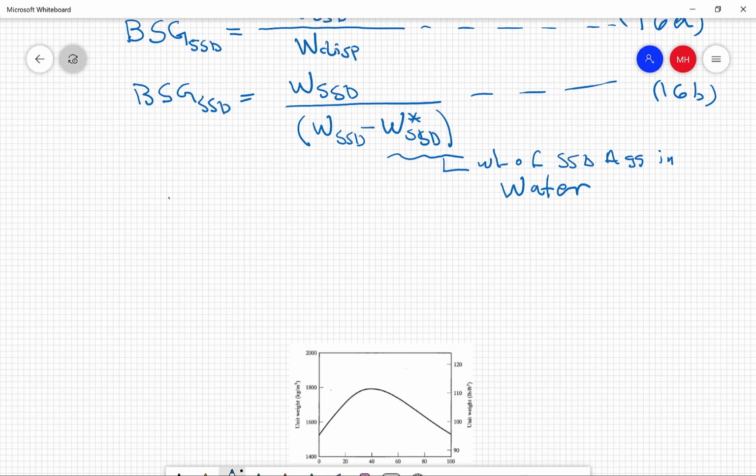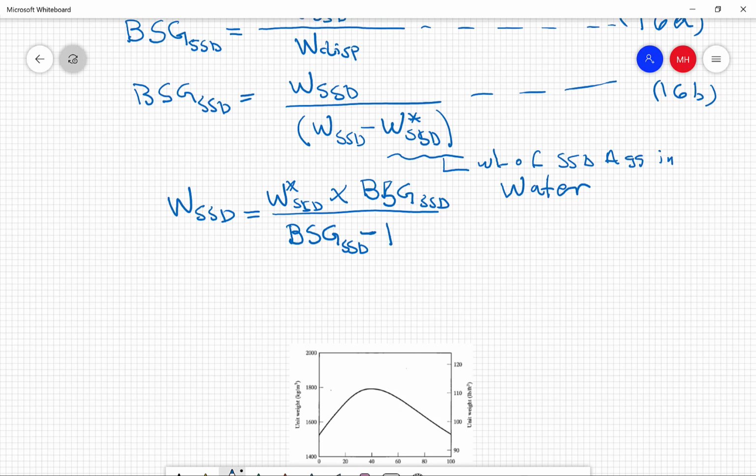We will have the weight SSD equals the weight of SSD aggregate in water, times the bulk specific gravity, again SSD, divided by the bulk specific gravity, again SSD, minus 1. All right, so let's call this equation number 17.